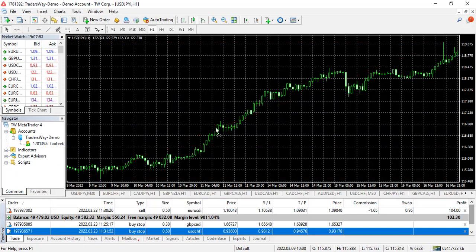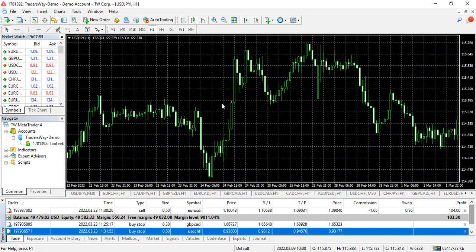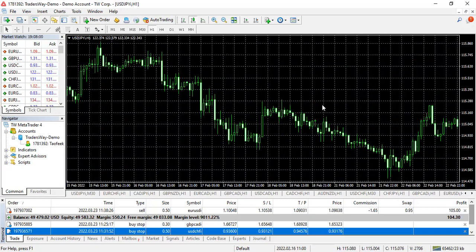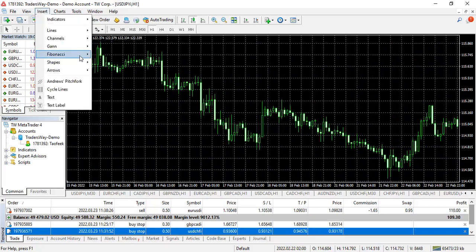But let us find a downtrend and draw our Fibonacci level. Yeah, something like this. From this swing high, we are going to drag it down to the lowest swing low. So let me take my Fibonacci retracements.